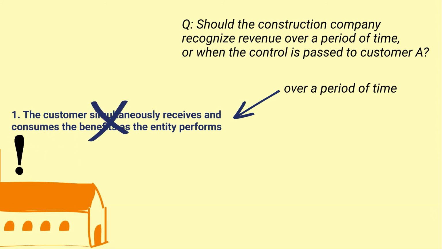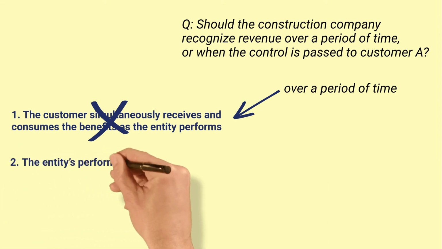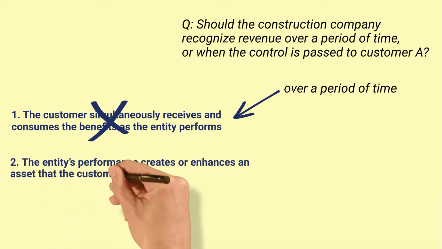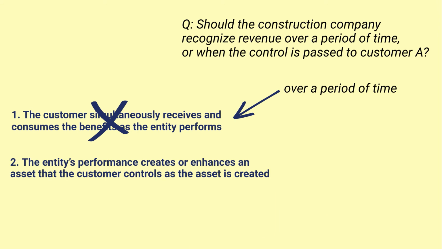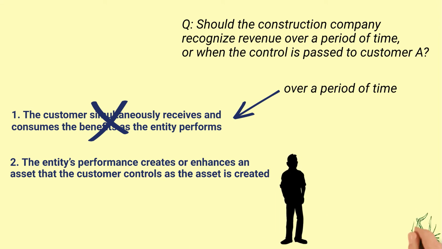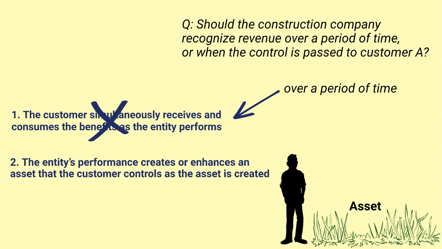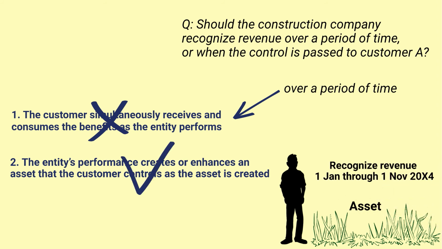Number 2, the entity's performance creates or enhances an asset that the customer controls as the asset is created. Since customer A owns the land, he controls the asset as well. Therefore, the construction company would recognize revenue over time, in this case, 1st of January through November.